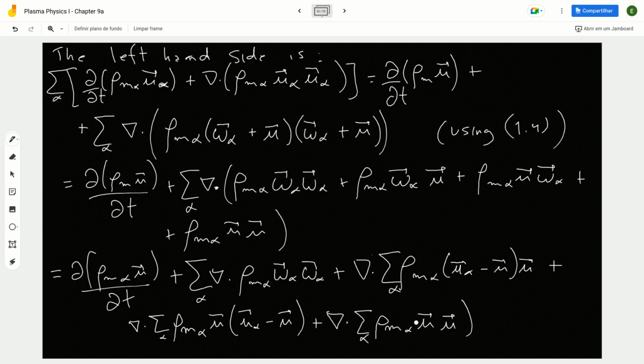Okay, now what do we get here? If you sum over here, you have just rho m times u minus rho m times u, times u, so this is 0. And the same here, it's going to be rho m u minus rho m u. So after you sum, you get 0. And you end up with only this one.